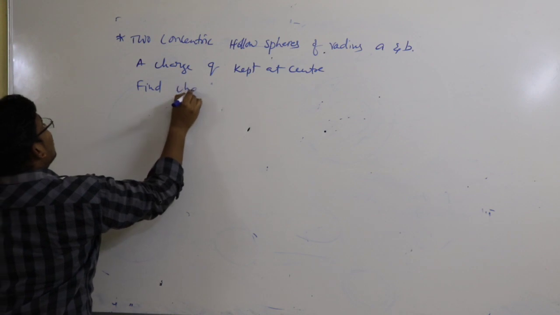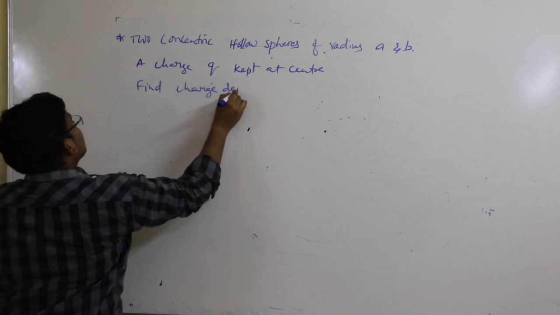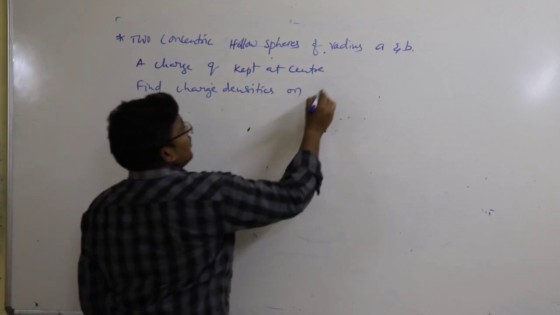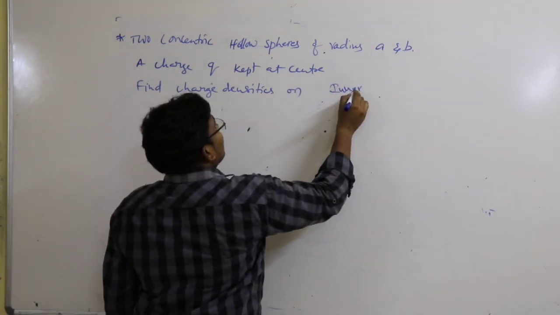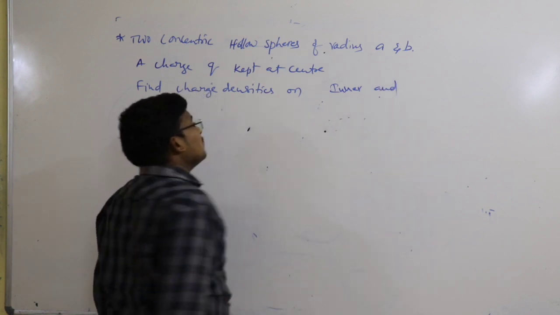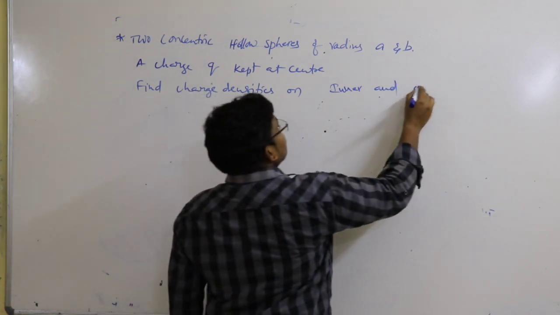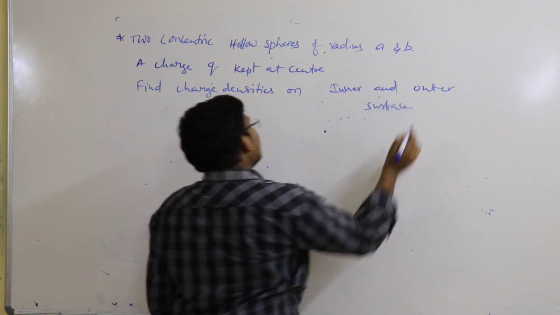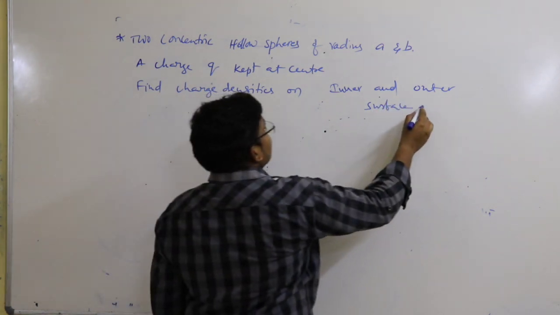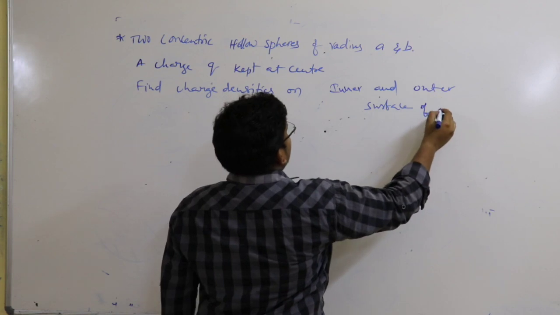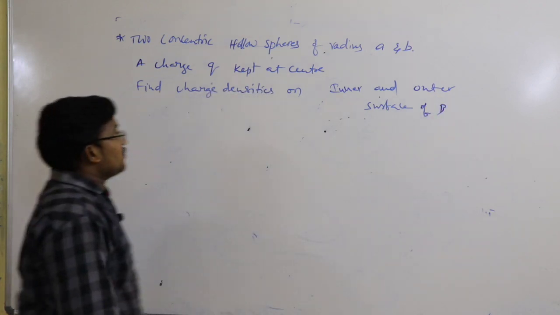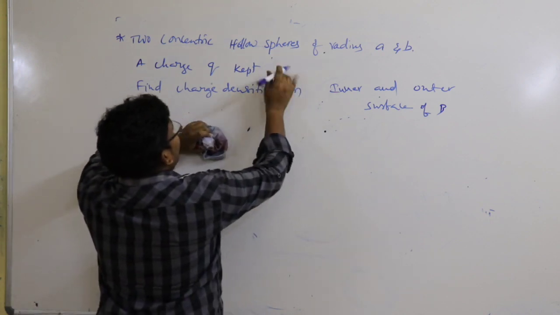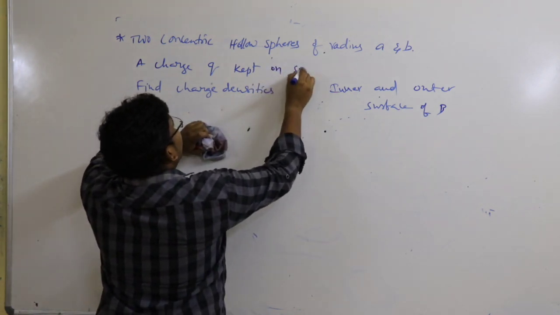Find the charge densities on the inner and outer surface of the B. Sorry, here a charge small q is kept on sphere A.